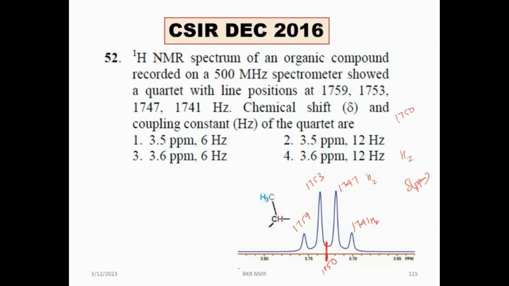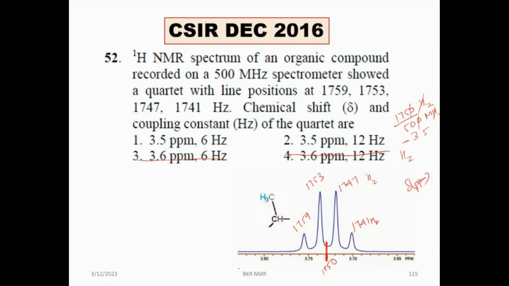So 1750 divided by the operating frequency in megahertz, because this is in hertz, this is in megahertz. Cancel, I'll be having 10 power minus 6 to ppm. So what is the answer? 3.5 ma'am. 3.5. Okay, so I've got two options. So 3.5. Now the next is, what is the coupling constant?